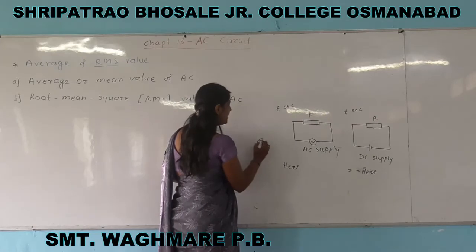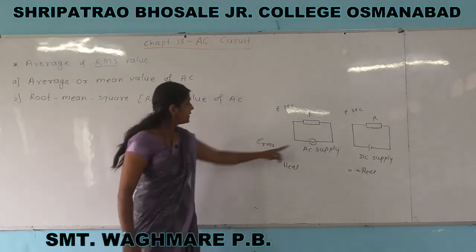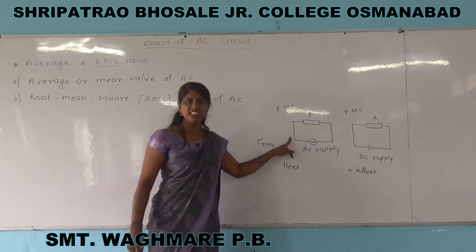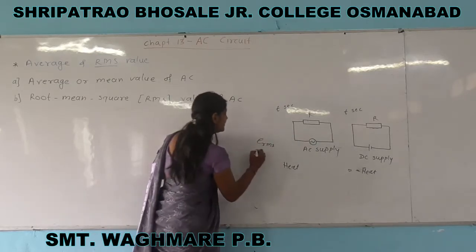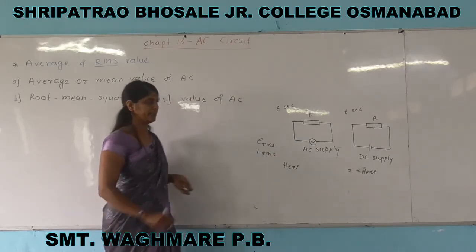The value of E is called the ERMS value, and the current passing through this circuit is called the IRMS. This current is called the IRMS.